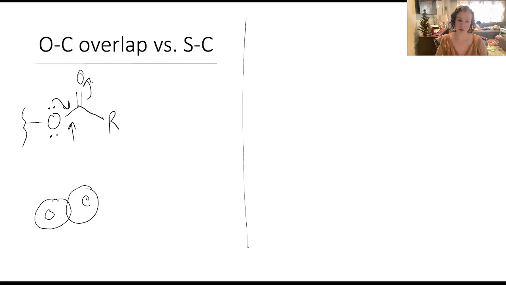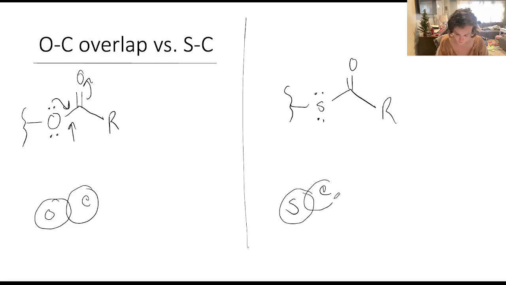That is not true for a thioester bond. So we'll just redraw this here. What's happening is that the orbital overlap between sulfur and carbon is a little bit off. I'm going to have a hard time drawing this for y'all, but right now, the orbital alignment is not the same as with oxygen.